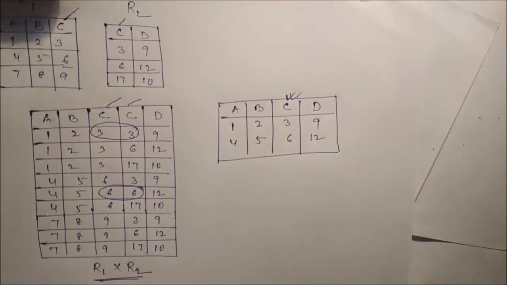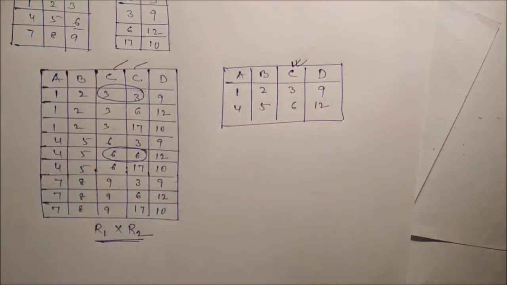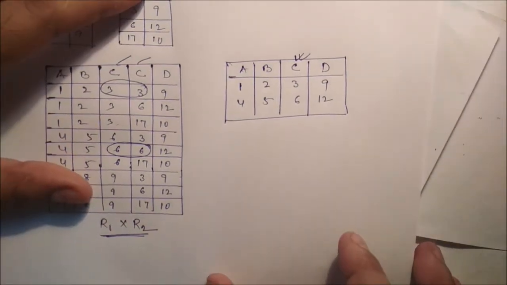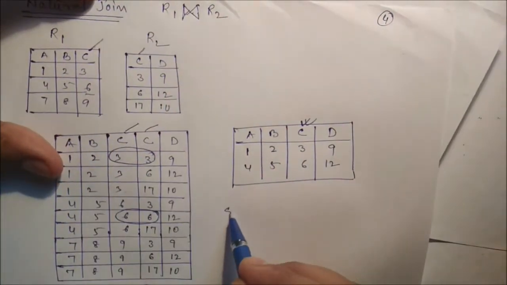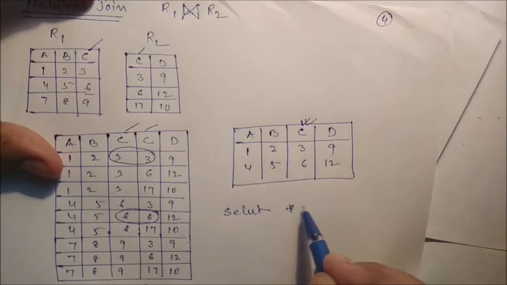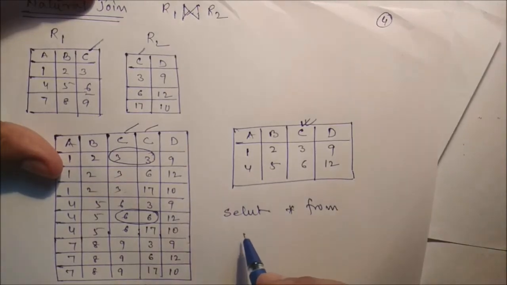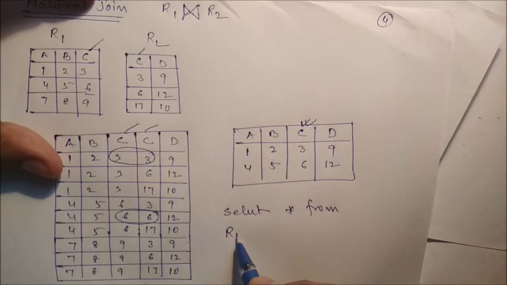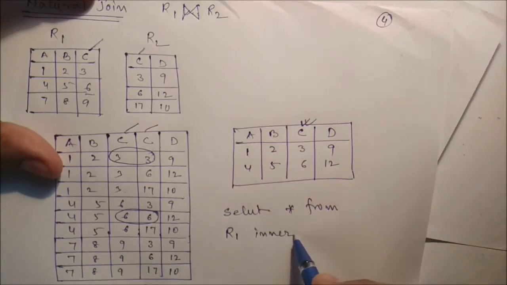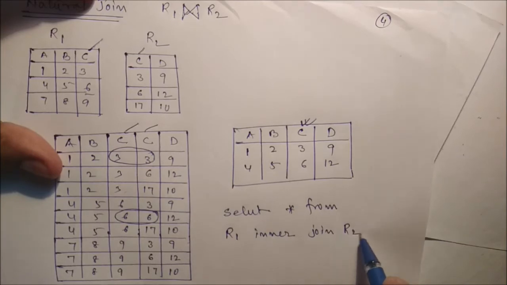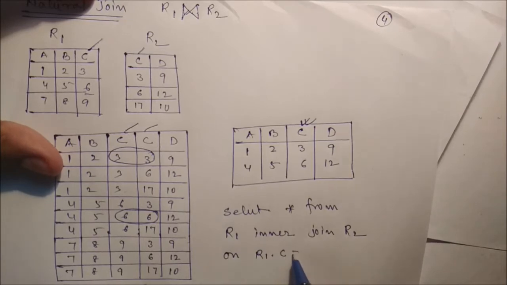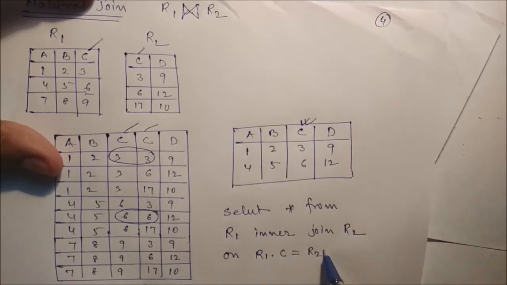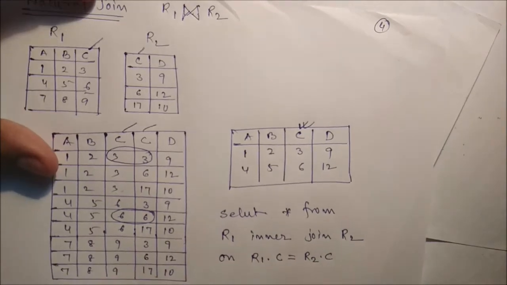Now for the inner join, the associated SQL command is very simple. Suppose two tables are there, R1 and R2. We can write: select asterisk from R1 inner join R2 on R1.C is equal to R2.C.